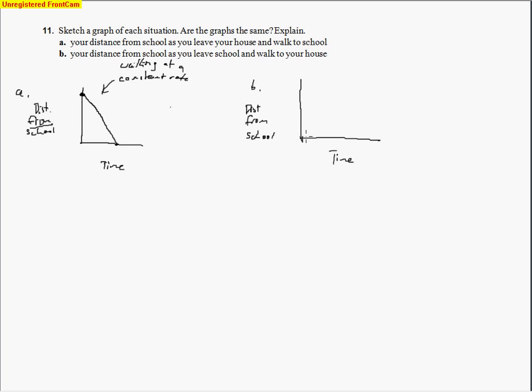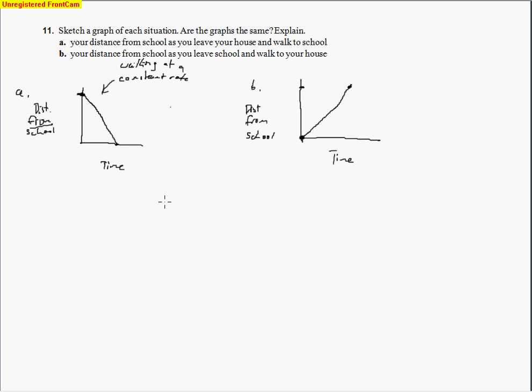Okay, so we are now at school, and that means when we're at school, we are distance from school. If we're at school, it would be right down at the origin. And then as we walk home, if we walk at that same rate, or maybe a little slower this time it looks like, we're going to end up there. And notice that's going to be the same distance as we were when we started the day.